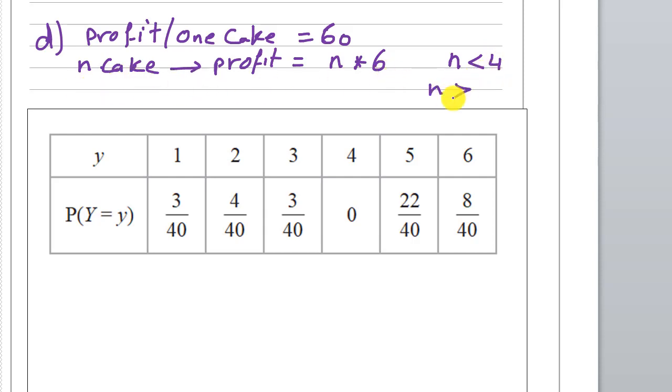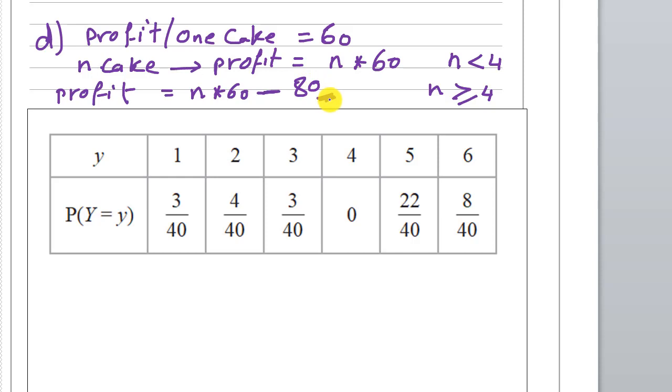For n bigger than or equal to 4, now the profit is equal to n multiplied by 60 minus, he gave away 1, so minus 80.